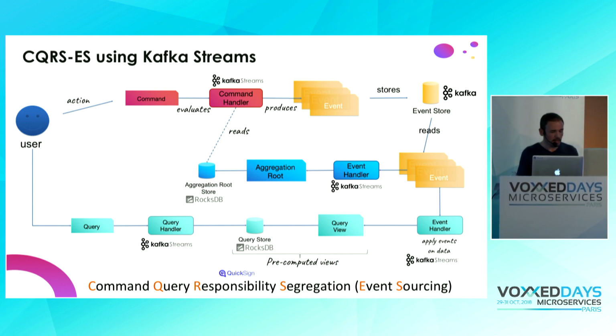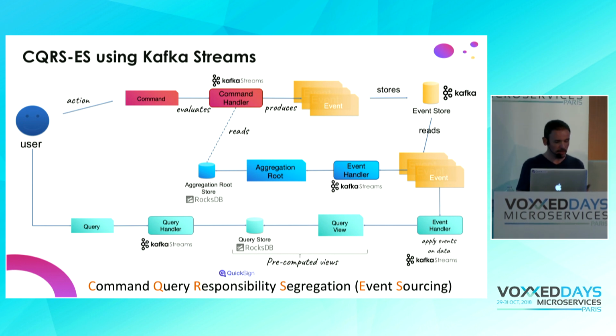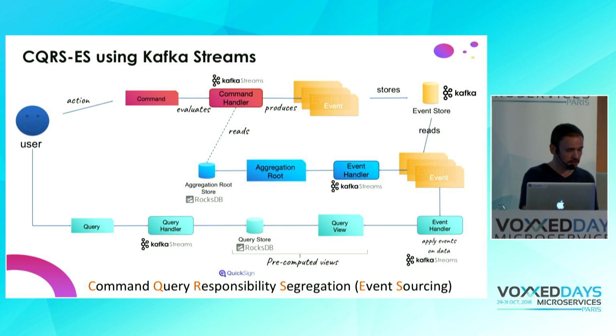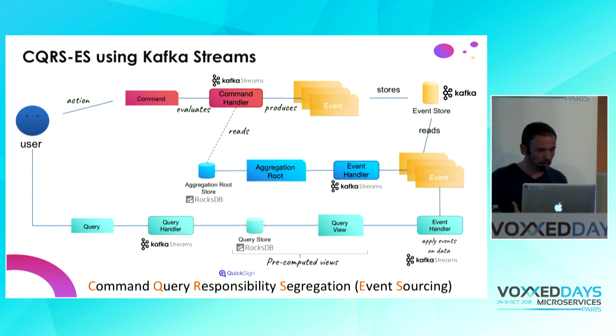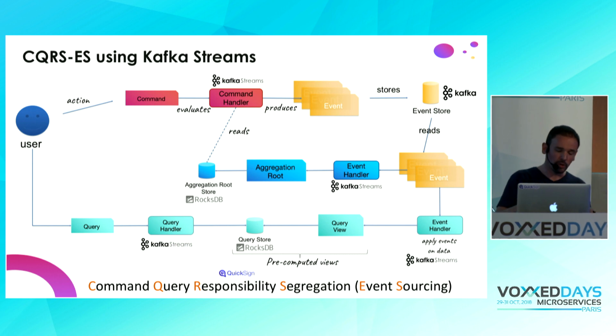For example, if you want to do full text search, you can materialize your events in an Elasticsearch cluster in order to query it. Or, using Kafka Streams with its embedded RocksDB key value store, you can store, that's what we do, a JSON representation of the state of your processes.